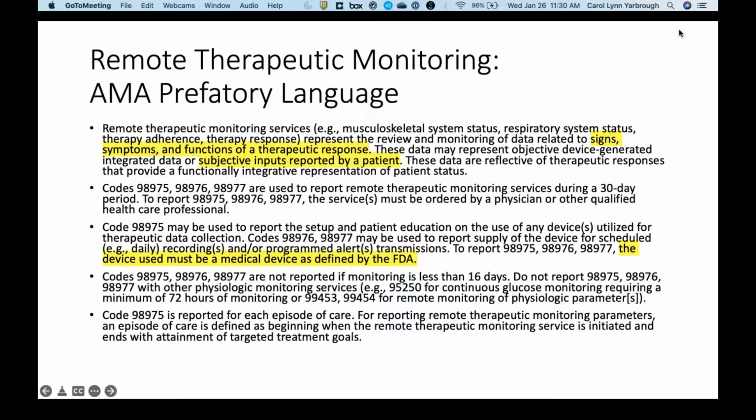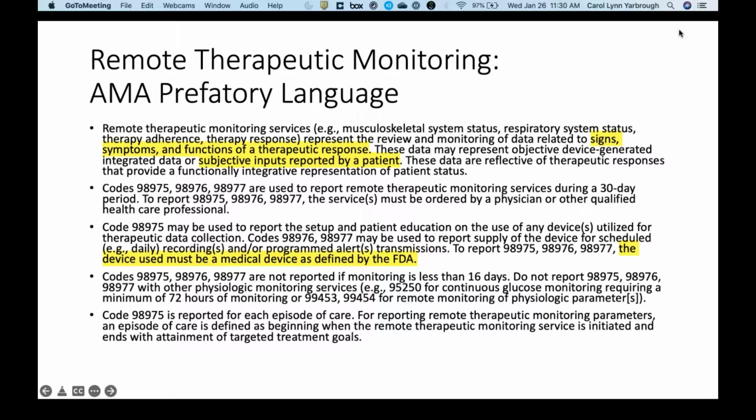Don't report these with other monitoring services like CGM or RPM. If you are in a different specialty and monitoring another type of thing, you may report these with one patient, but you're with different specialties.